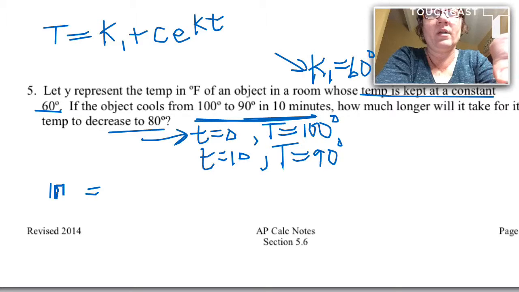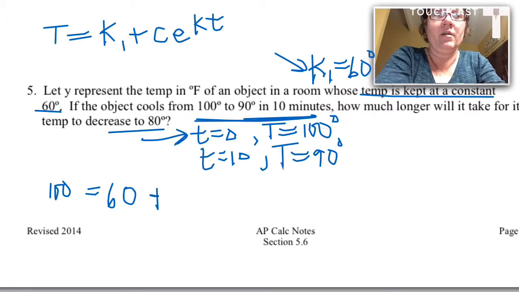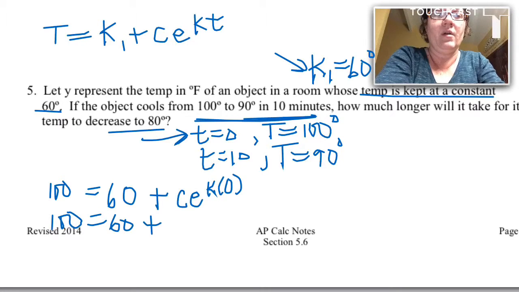So 100 equals, I've got the 60 for K1, and my time is 0. So I'm going to have 100 equals 60 plus, remember all of this is going to be 1, so 60 plus C, which makes C 40.